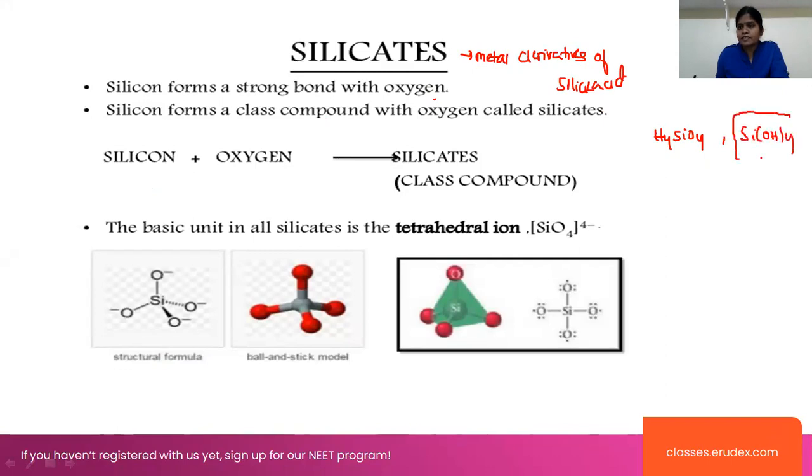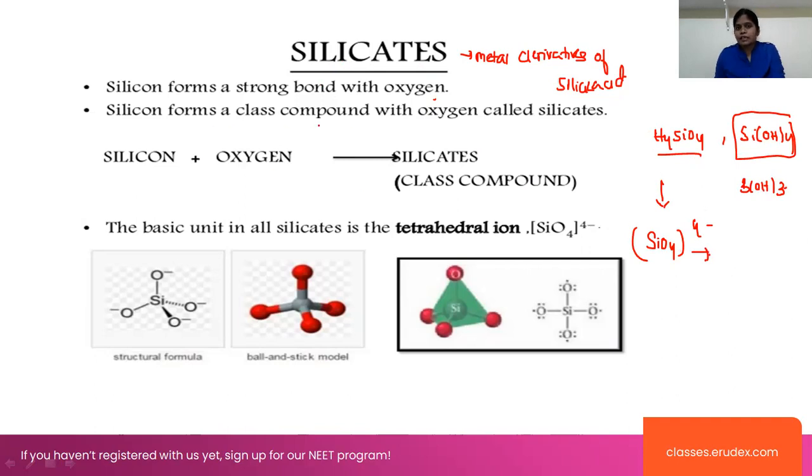This is similar to boric acid, H3BO3. Silicates are the metal derivatives of silicic acid, and the general formula is SiO4 4 minus. The general formula for the silicates is SiO4 4 minus.